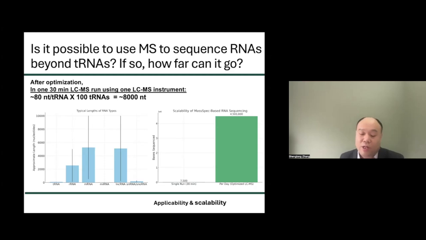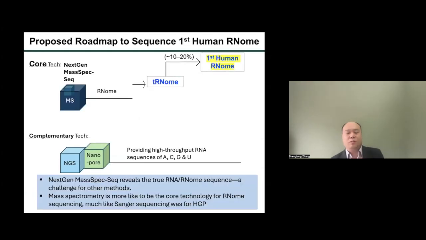That means if we can run the instrument 24/7, our daily sequencing capacity can reach more than 4 million nucleobases using one single LC-MS instrument. So this is the path we propose to sequence the first human RNA.